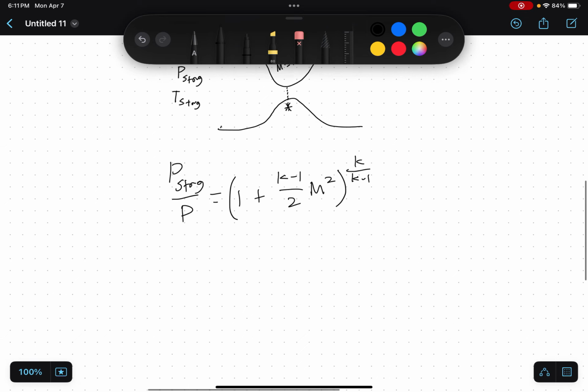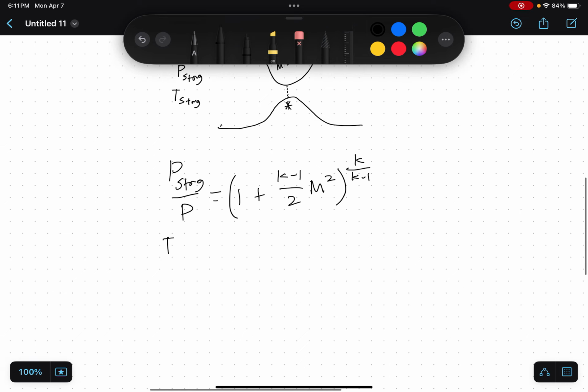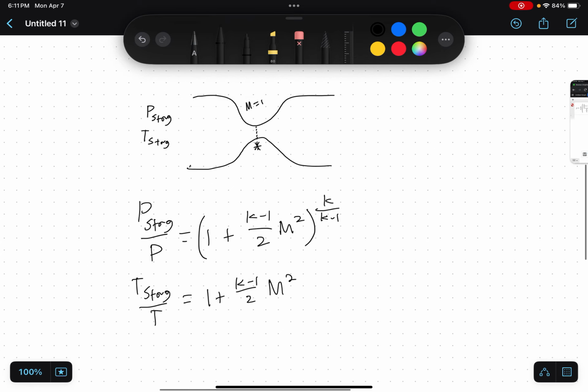So that's the first one. And for temperature, that's it. That is literally it. Okay, so what does this tell you?